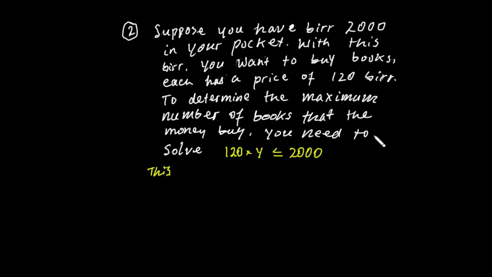We have to solve equations such as 120, the price of one book, times ብዛት ምን ያህል መጽሐፍ እንደምናውቅ አናውቅም y ብለናል, is less than or equal to 2000. እዚህ ላይ this is an example of linear inequality.